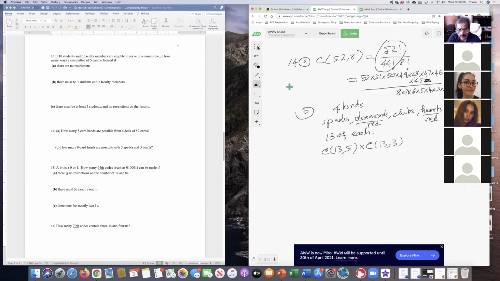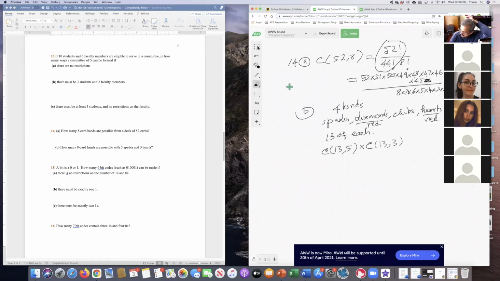So in this question, there must be exactly 5 spades and 3 hearts. So we are not choosing these from the entire 52 cards. We are restricted to spades and hearts only. Okay, I get it. I'm sorry. Thank you. Yeah, you're welcome.